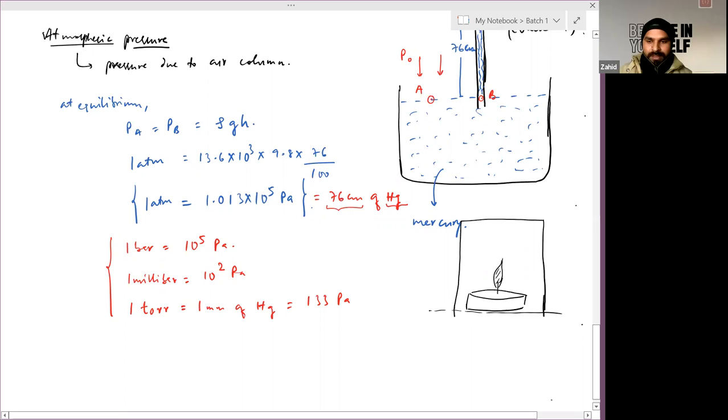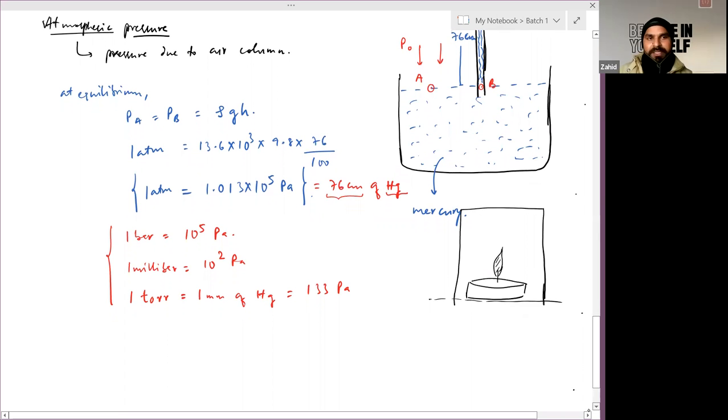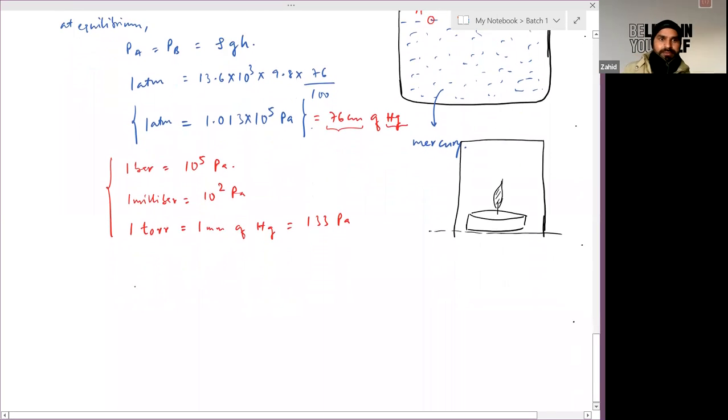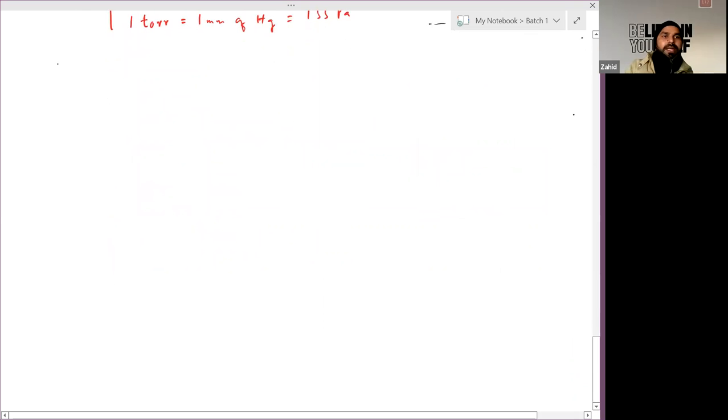Okay. Now we have two different types of pressure. One is called atmospheric pressure and the other is gauge pressure. If you combine these two together, it is called absolute pressure.